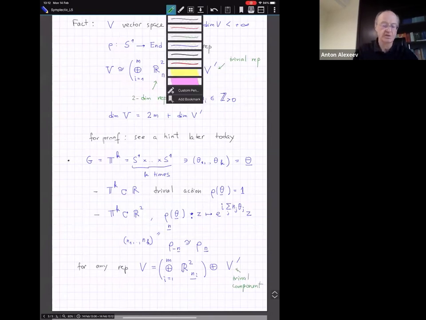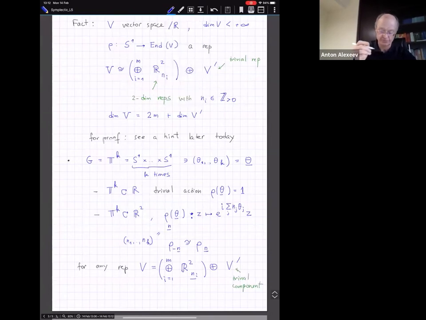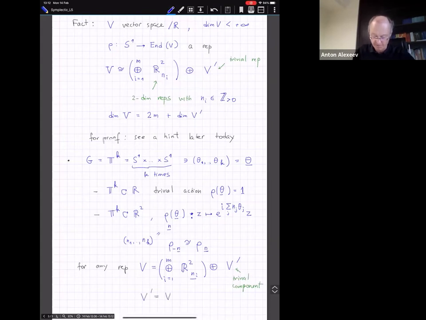By the way, notice that in terms of our previous notation, V prime is exactly V^G, the set of fixed points.